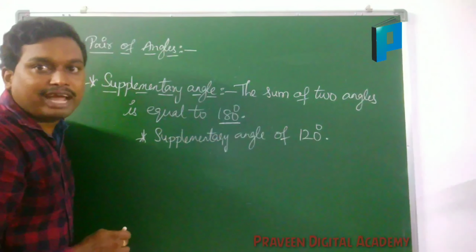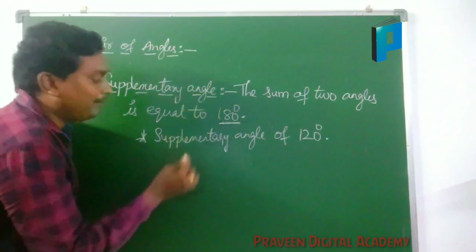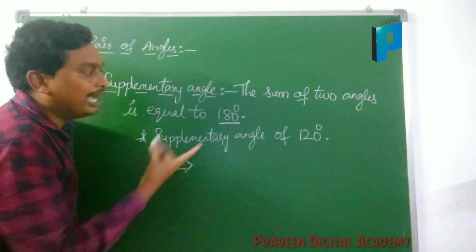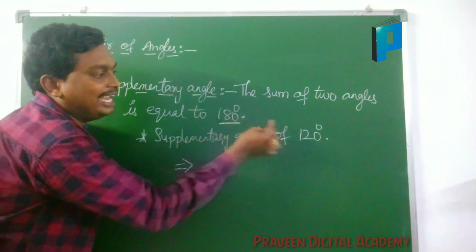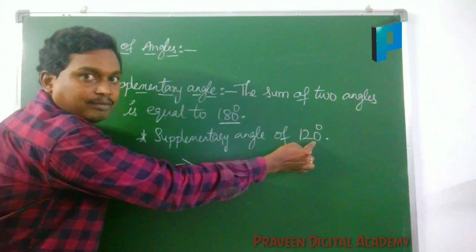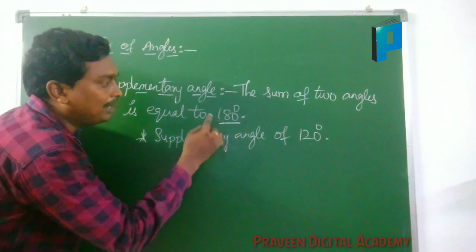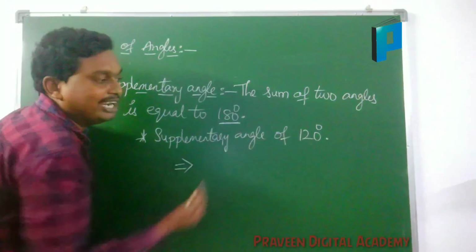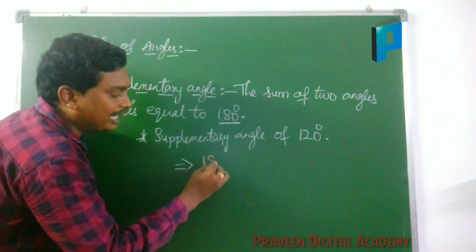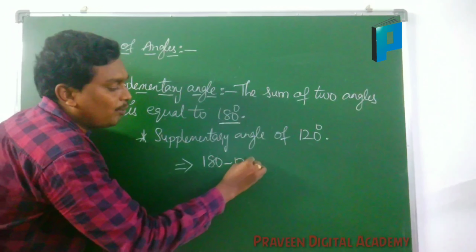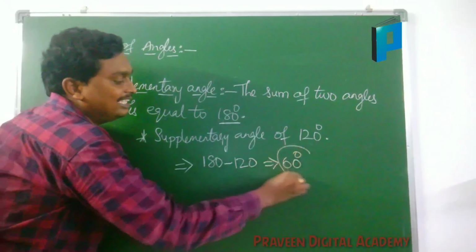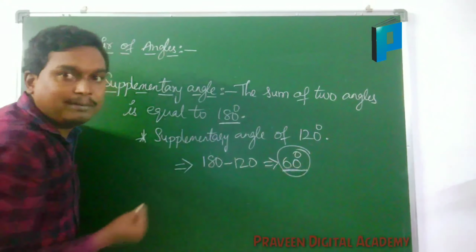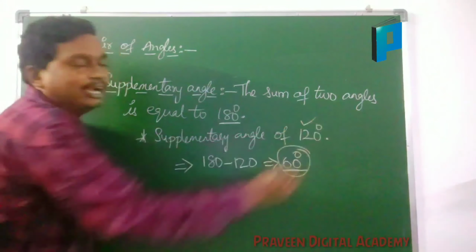Then such kind of angles are called supplementary angles. To get a supplementary angle, we have to subtract 120 from 180. Therefore, the supplementary angle of 120 is 180 minus 120 is equal to 60 degrees. This 60 degrees is a supplementary angle of 120.